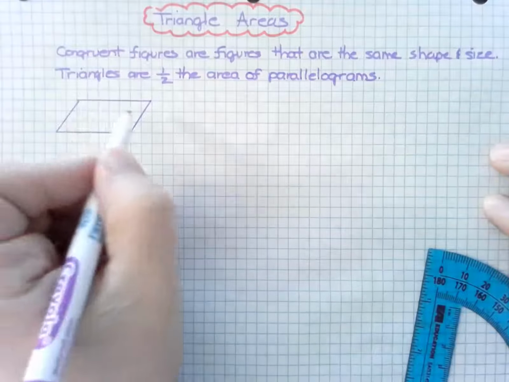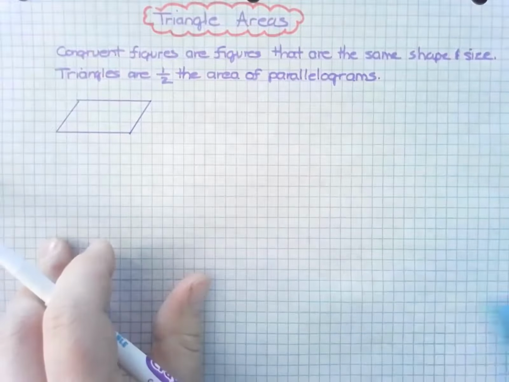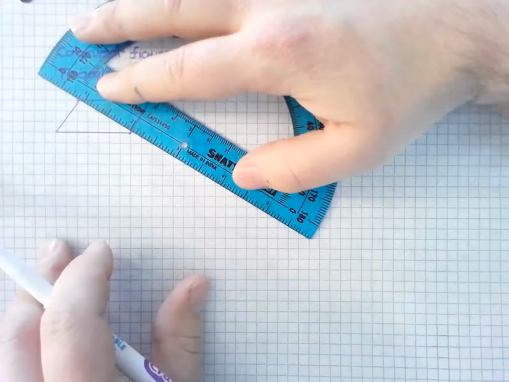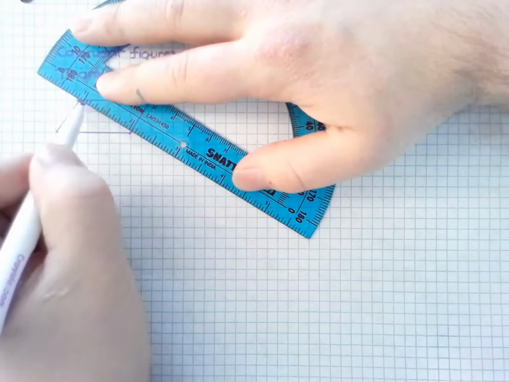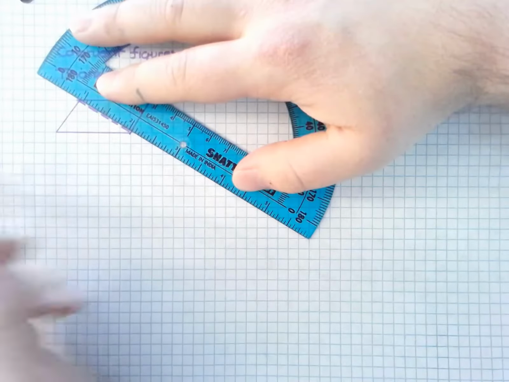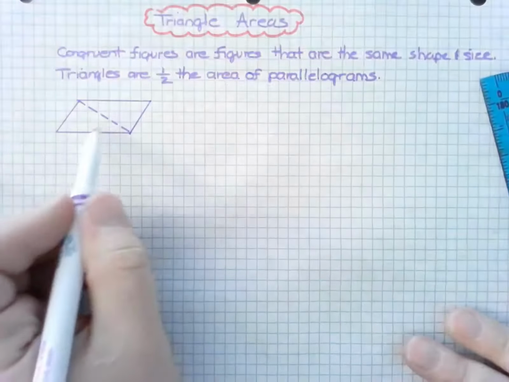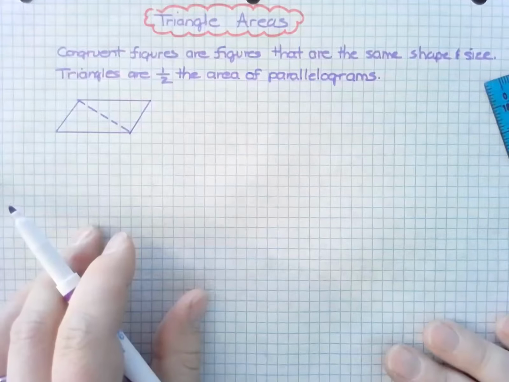So if I can take a parallelogram and split it across from opposite vertices, I produce two equal triangles.